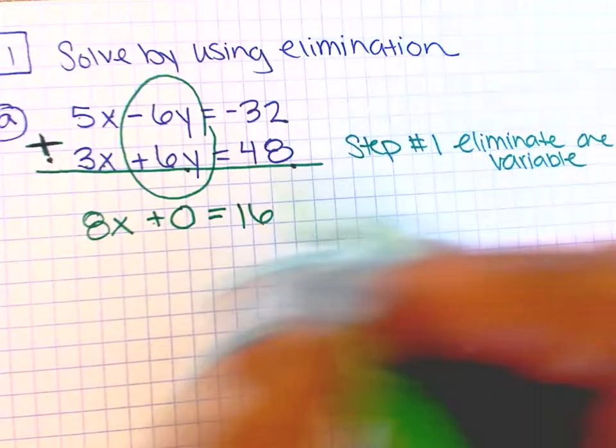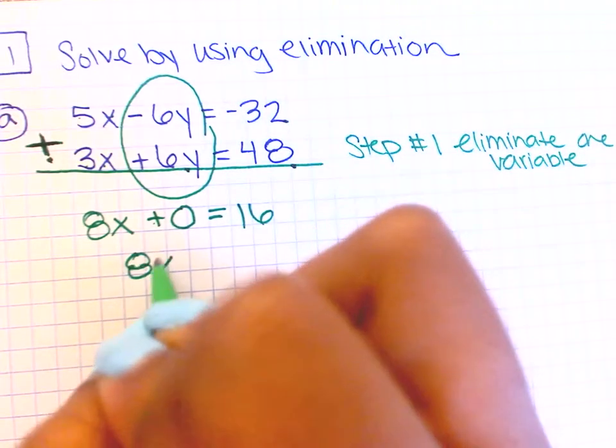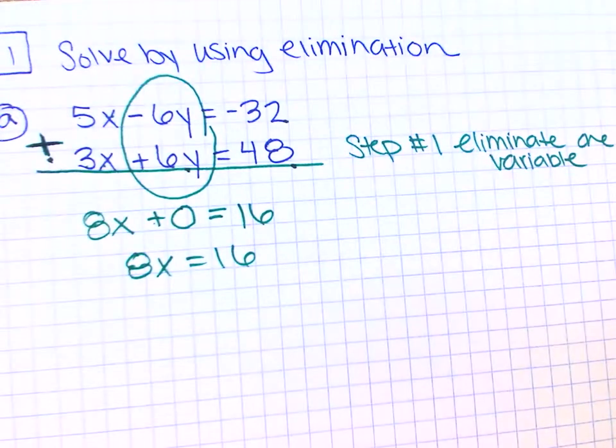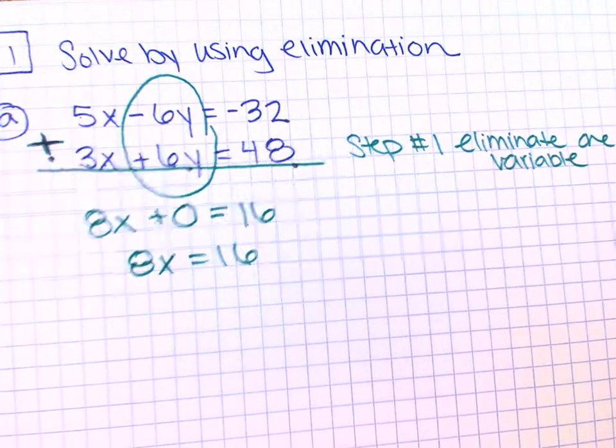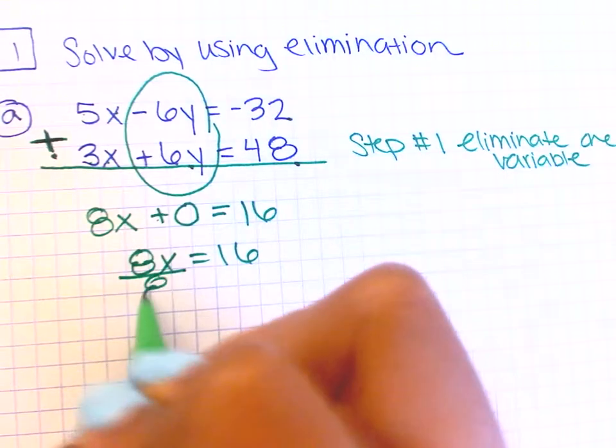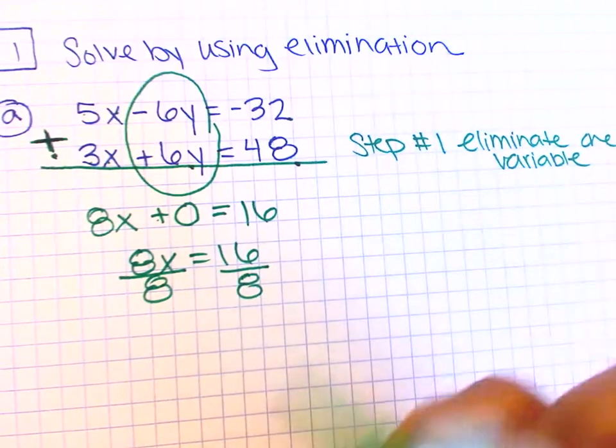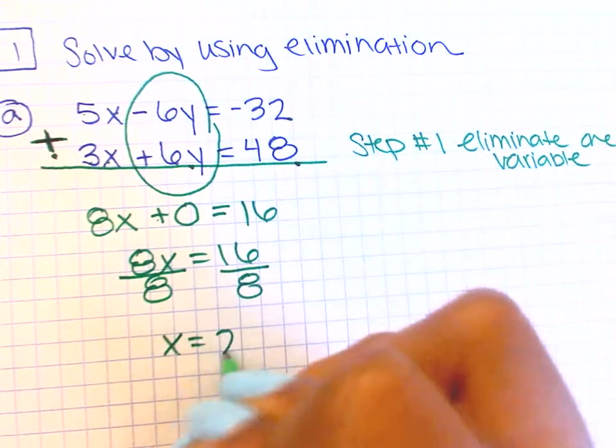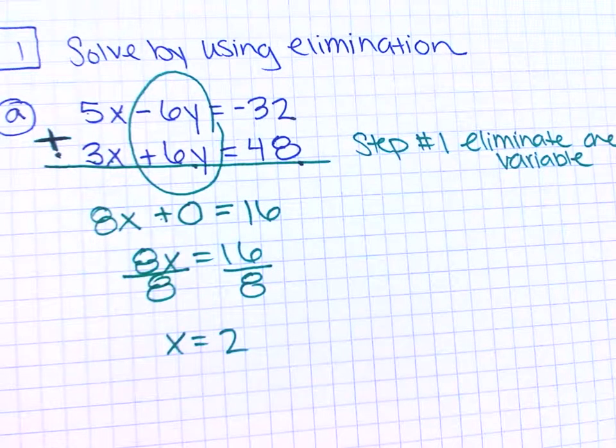So now, 0's there. I'm left with 8x equals 16. Divide both sides by 8. And x equals 2. That's elimination. Eliminating one variable. Okay? So now, I did my first step. I eliminated one variable.